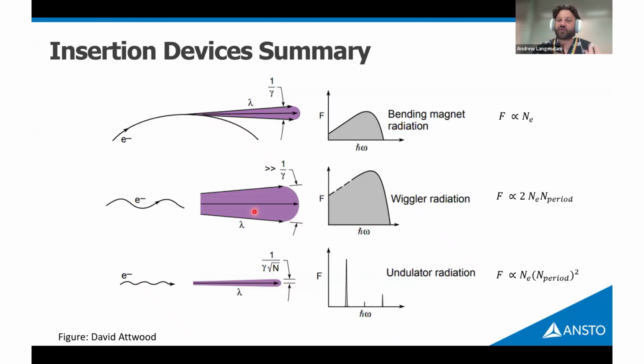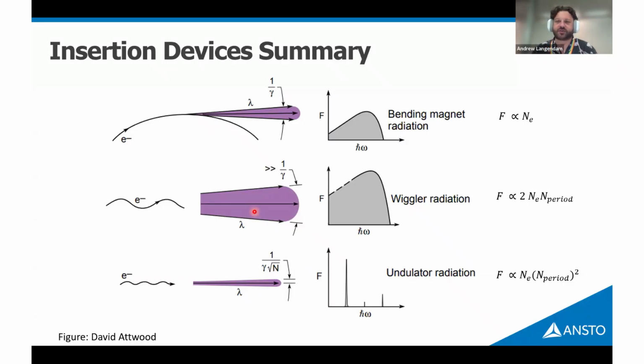So all these different insertion devices produce different kinds of radiation. Bend magnets produce very bright light that's over a very broad range. Wigglers, which are essentially bend magnets but more, produce more intense light and normally higher energy light, and it's dependent on the number of periods you have within your wiggler, so you can produce very, very bright light with a wiggler. And then for an undulator, because everything is controlled for within our visible angle, what we call a solid angle of our source, you can get your emitted light interfering with each other.